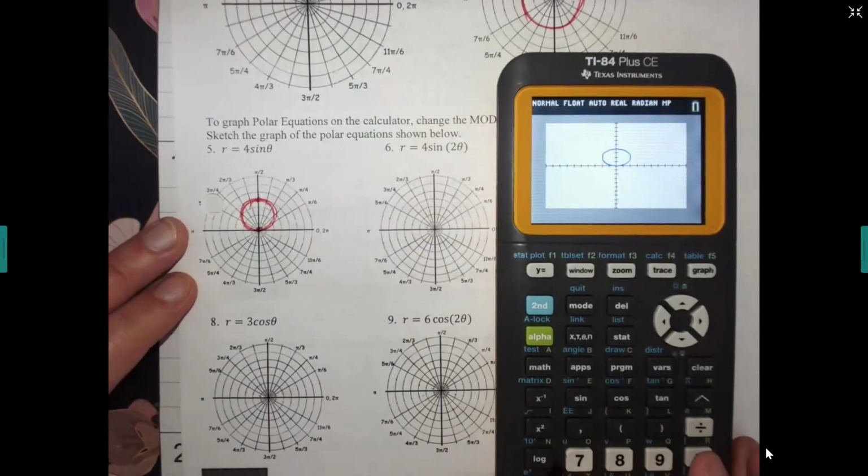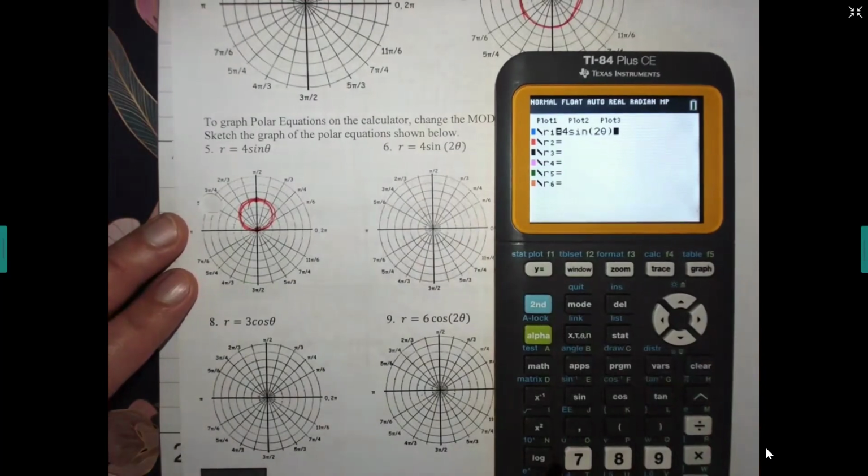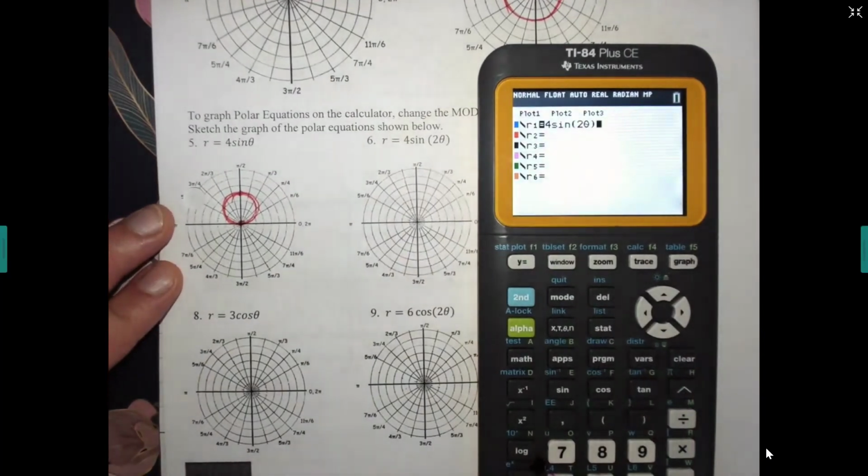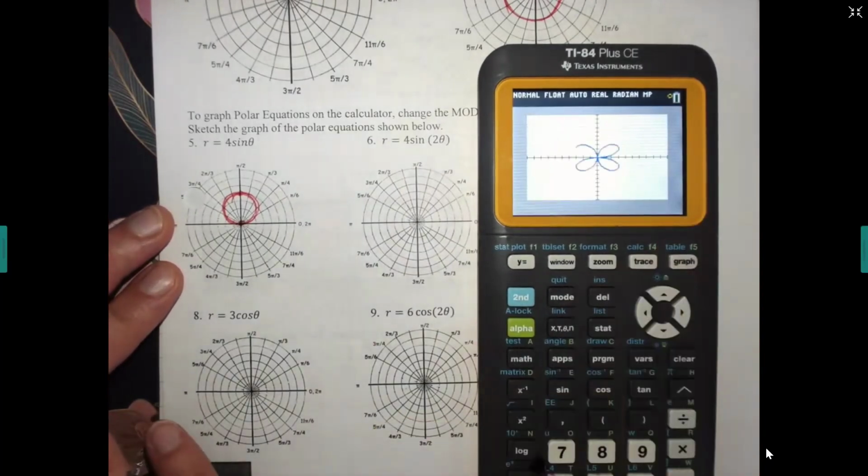All right, next one, we want 4 sine 2 theta. Go ahead and type it in. Remember, theta and x are the same. Okay, go ahead and hit graph. Wow, you have a flower.